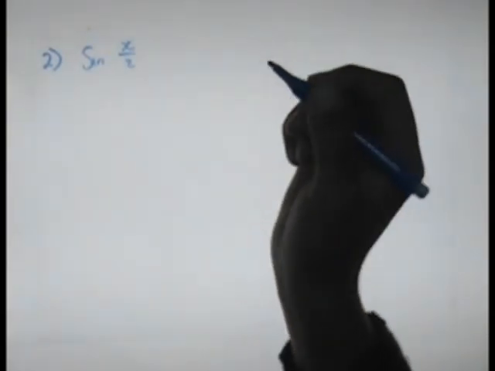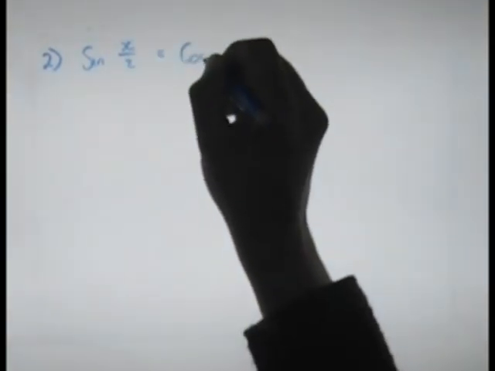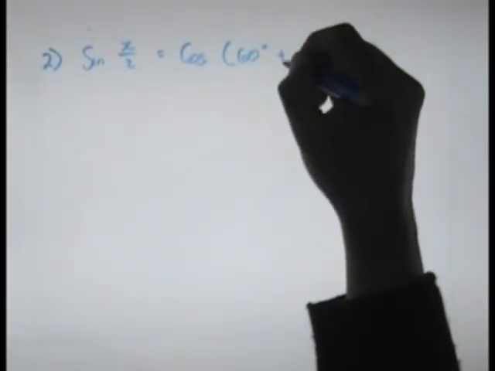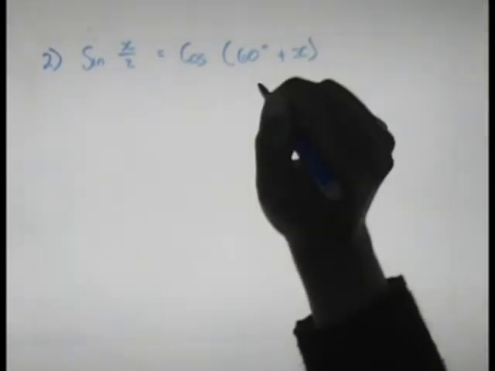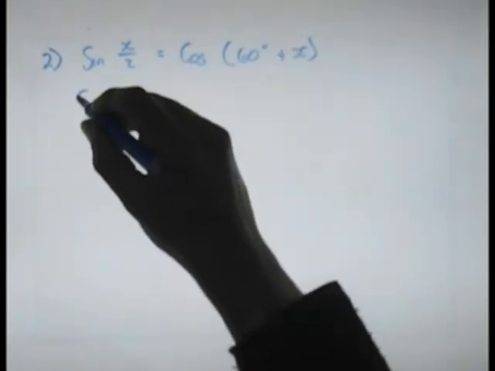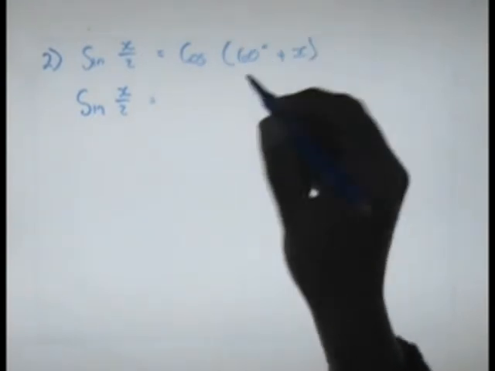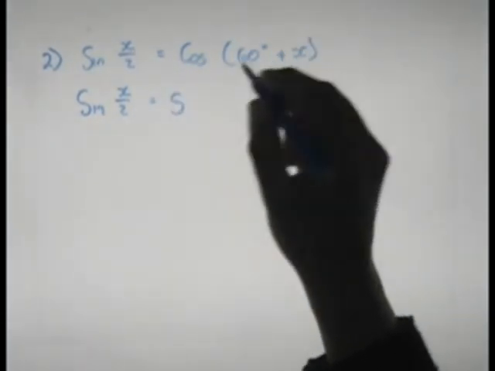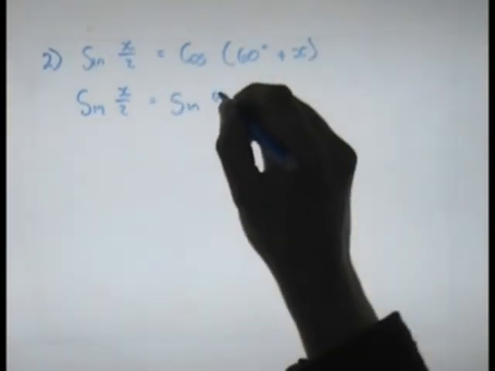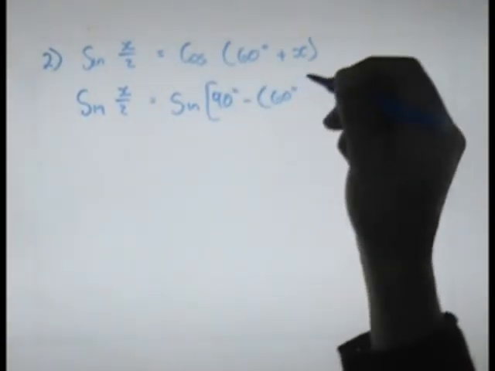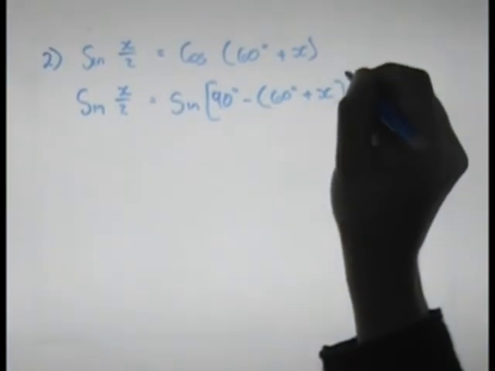The next one I gave you to do read sine of x over 2 is equal to cos of 60 degrees plus x. I'm going to leave the sine x over 2 as that. I'm going to turn that cos 60 plus x into sine 90 degrees minus 60 degrees plus x.